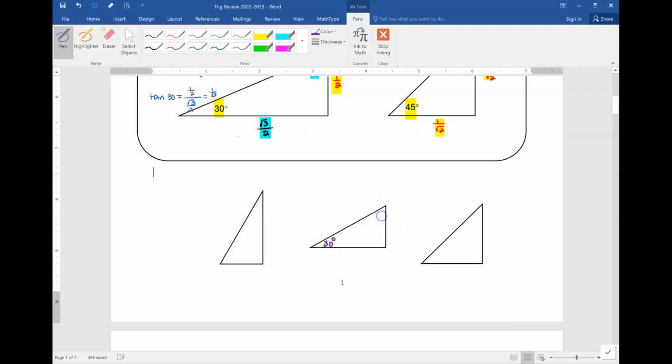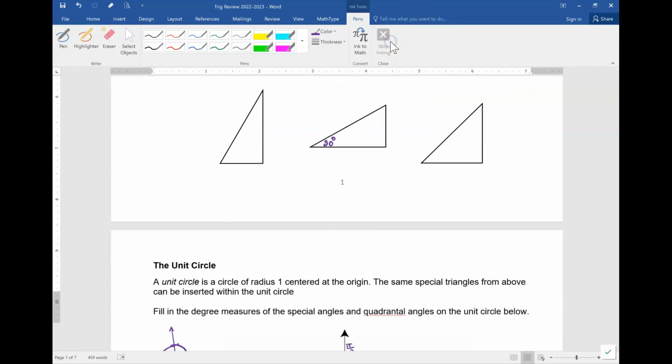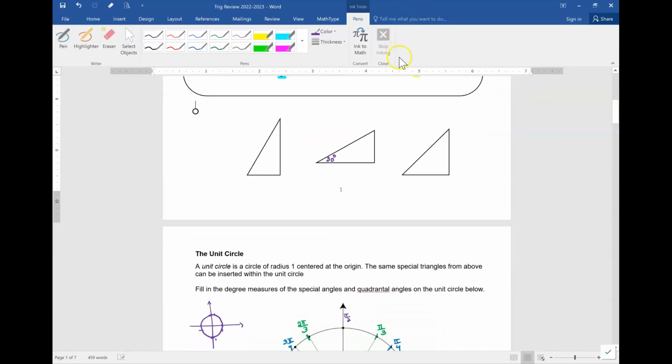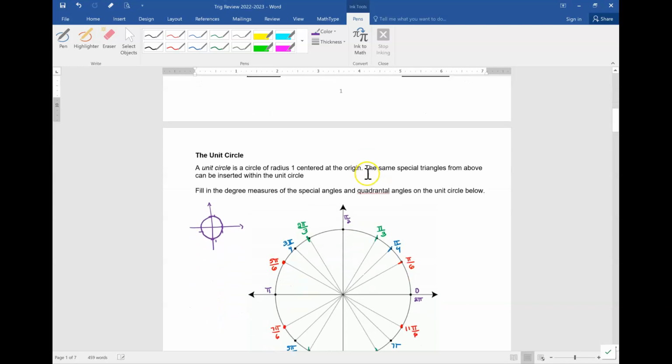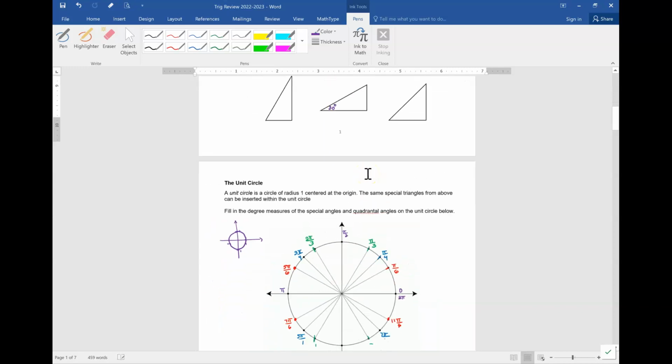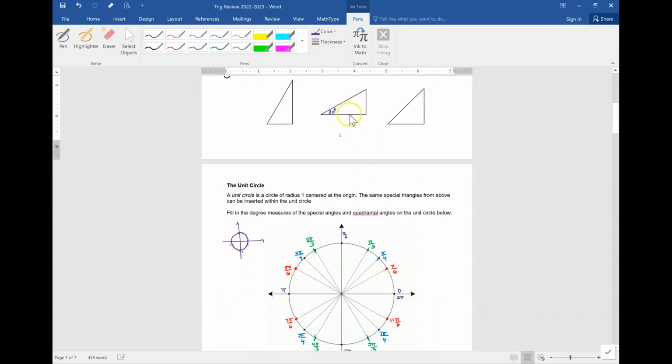But this bottom left angle is 30 degrees. So now take a look at what I'm going to do. I'm going to take that 30-degree triangle and fit it inside of my unit circle. So that comes right over here.